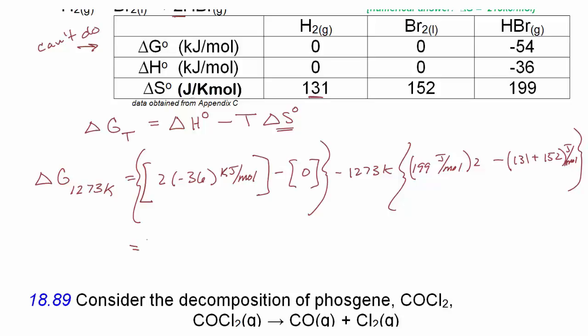36 negative times 2 is about a negative 72 kilojoules per mole minus 1273 Kelvin times my standard change in entropy. Well, that's going to be 199 times 2 minus 131 minus 152, about 115. But that's joules per mole.